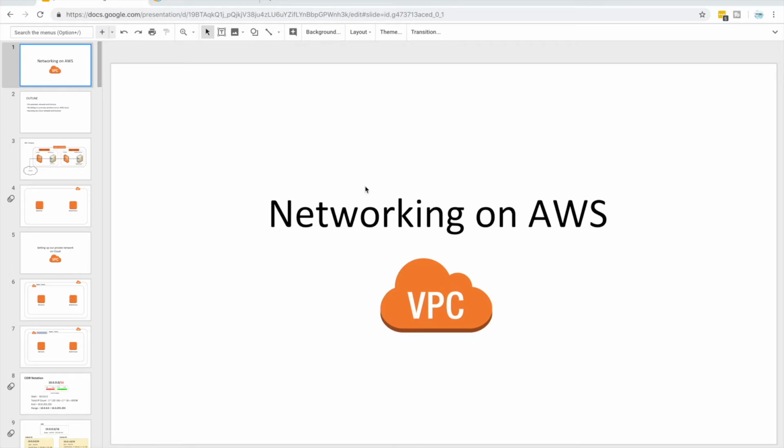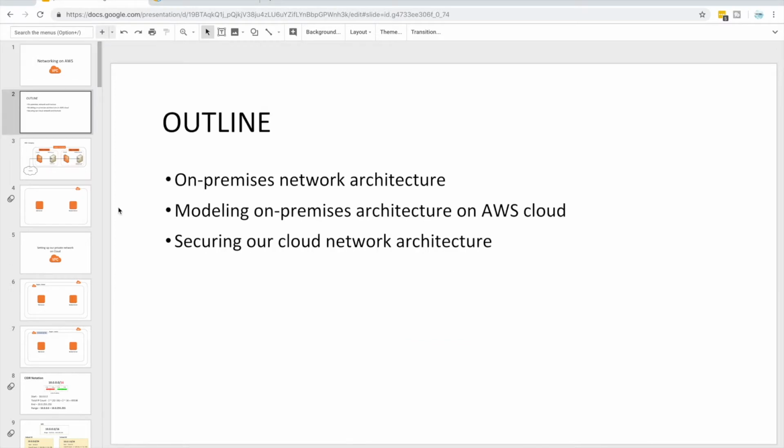So to explain the concepts, I thought of going through a practical use case where a particular company, let's call it ABC company, is trying to migrate the existing on-premises network onto AWS. So this is the outline. First, let's talk about the on-premises network architecture of that conceptual company, and afterwards, let's try to model that on-premises architecture on AWS cloud using different constructs of AWS VPC.